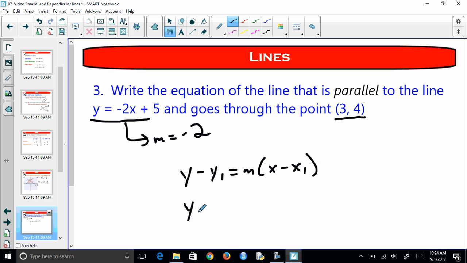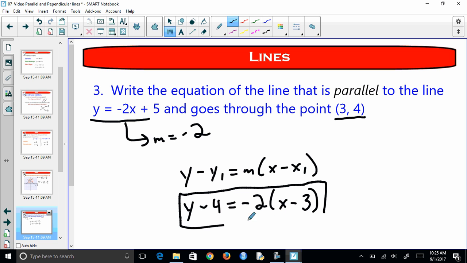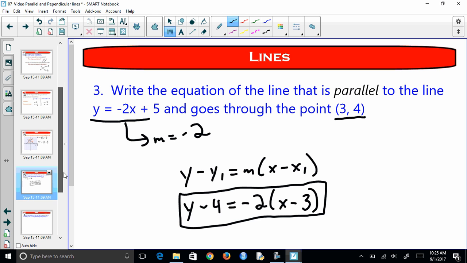So I'm going to type in y minus y1, which is 4, equals slope, negative 2, times x minus my x there, which is 3. And that is an equation of a line. We could go further if we wanted to put it in slope-intercept form, but we don't need to.